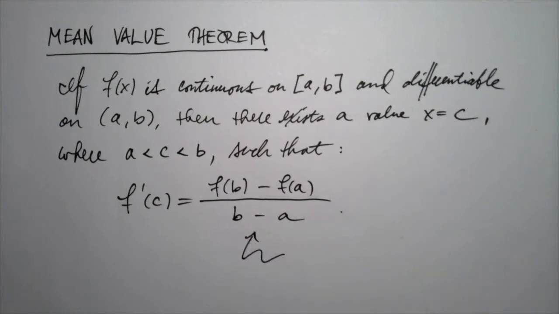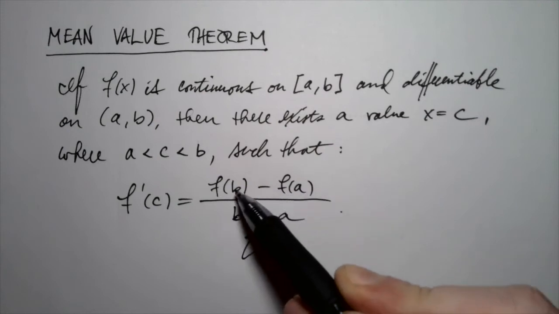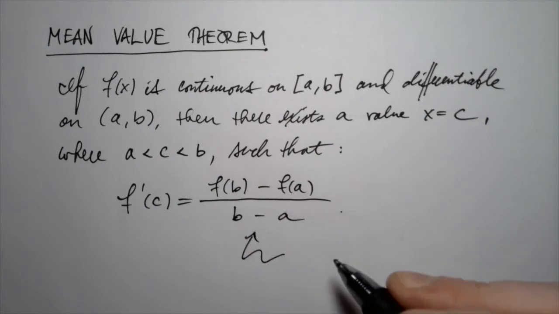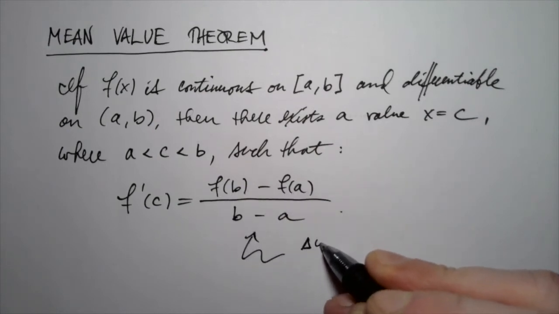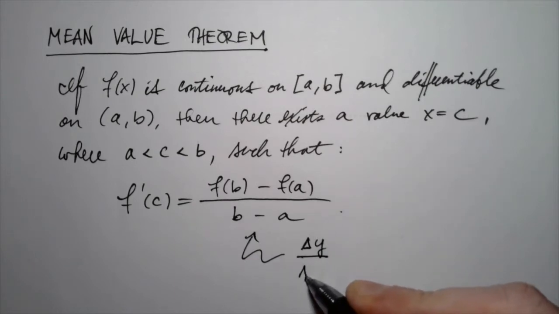Let's start with the right-hand side. What is that number? Notice that this is precisely the change in the outputs, the y values of the function, over the interval from a to b. That's the numerator. And what's the denominator? That's exactly the change in the x values over the interval from a to b. So this is delta y over delta x.